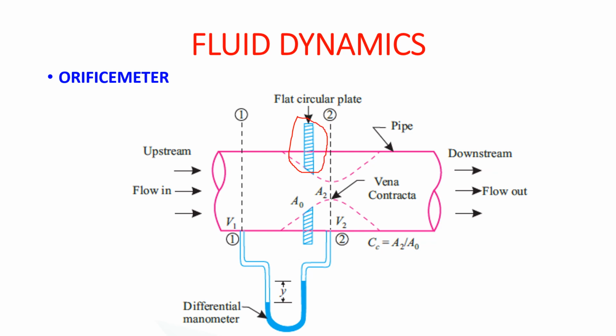Now I am showing here an orifice plate. This is an orifice plate, and this is a small opening inside the orifice plate. Whenever there is a small opening, it is known as an orifice. The water is passing from section 1 to section 2 through this orifice.